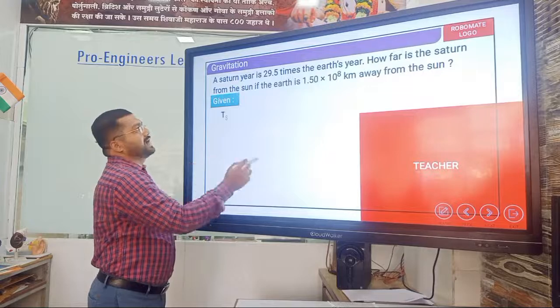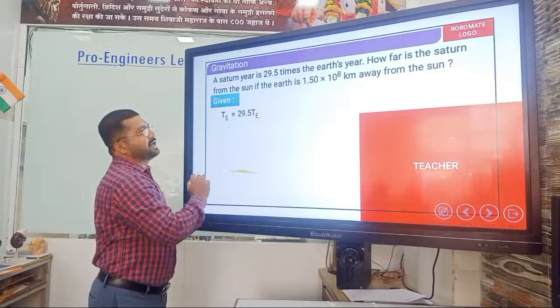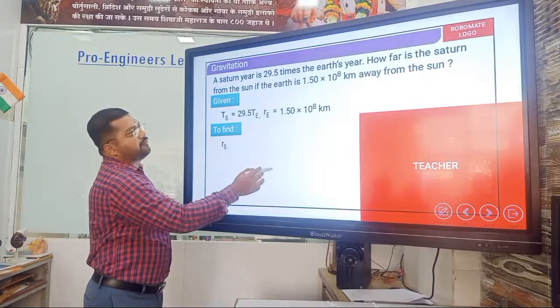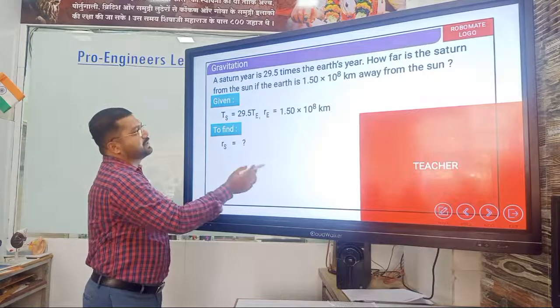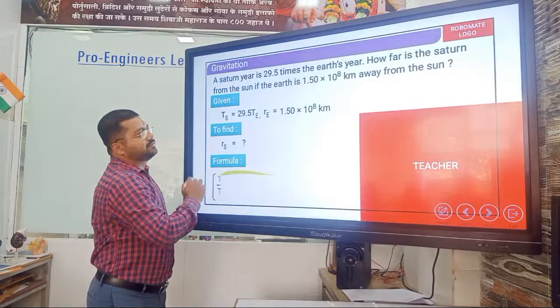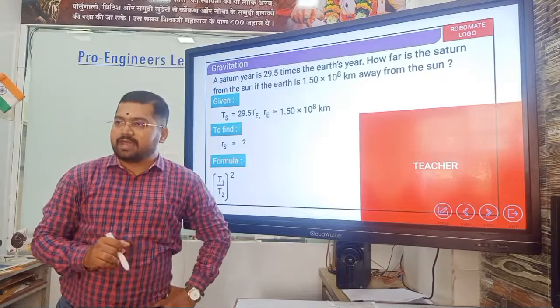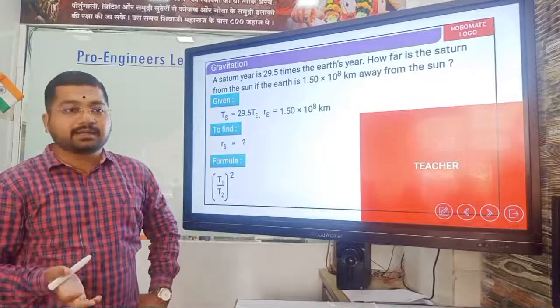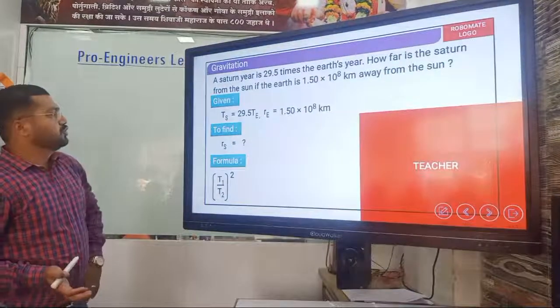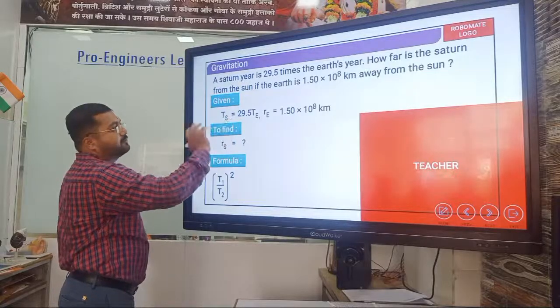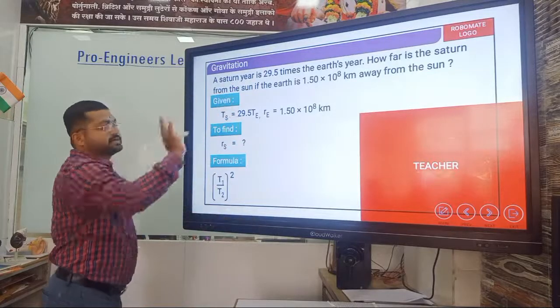Next question. A Saturn year is 29.5 times the Earth year. How far is Saturn from the Sun if the Earth is 150 into 10⁸ kilometers away from the Sun? So we are comparing two planets, Saturn and Earth. What is the time period of Saturn? That is 29.5 times the Earth's year.